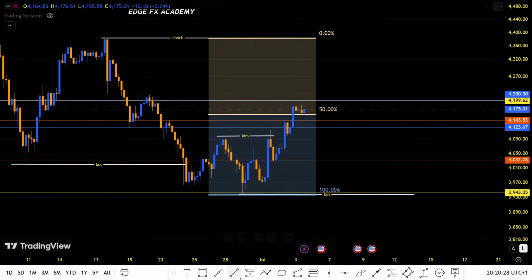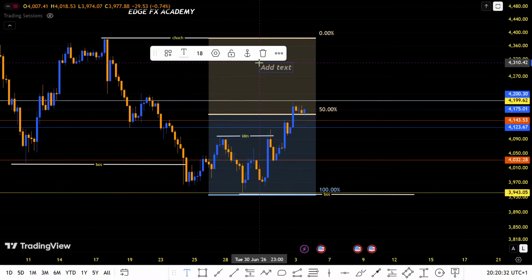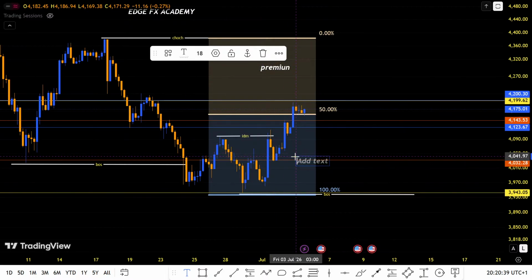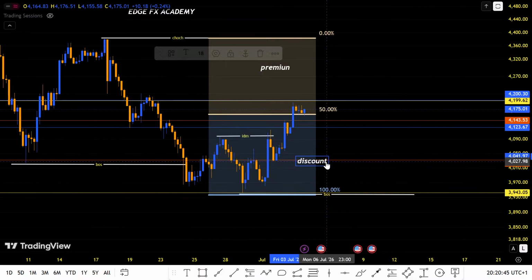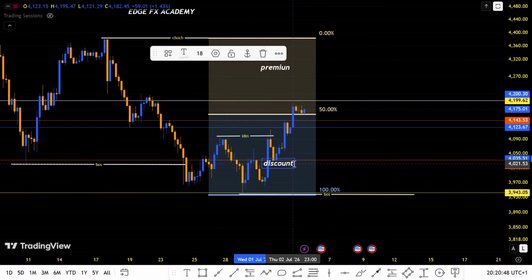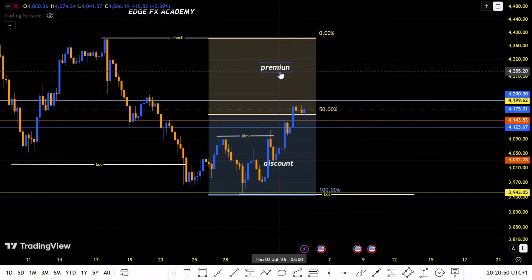So in that trading range, we have what we call premium and discount. This is what we have in a trading range. In premium, we sell. In discount, we buy. Premium is when the price of a commodity is very high.